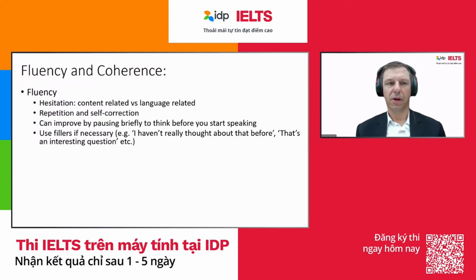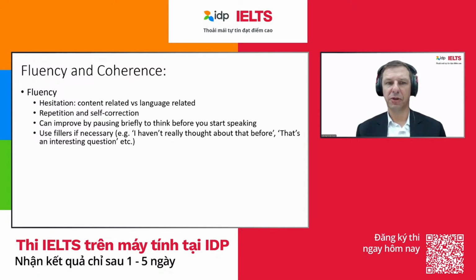So what else do we mean by fluency? It's repetition and self-correction. So are you repeating yourself? Are you correcting your grammar structures a lot and your vocabulary a lot? You can improve both of these things by pausing briefly to think before you start speaking.